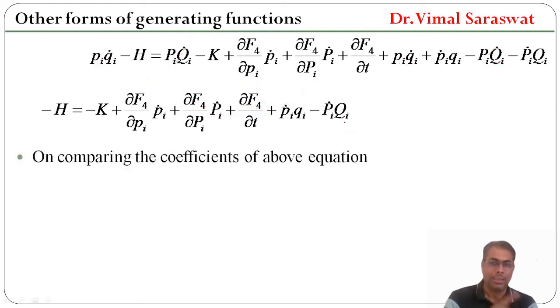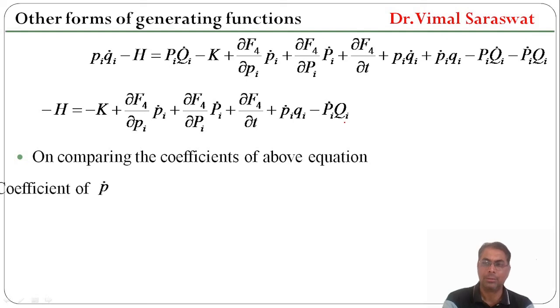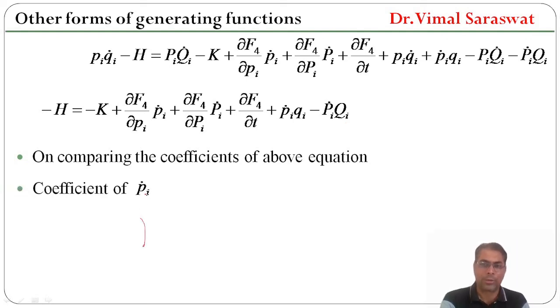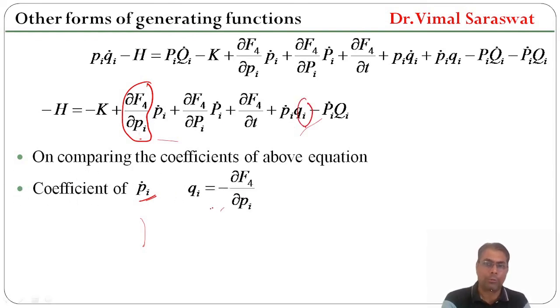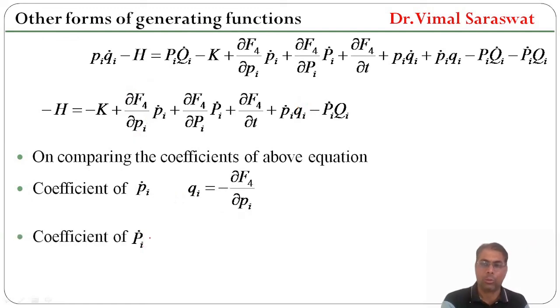On comparing the coefficients of the above equation, first of all, the coefficient of small Pi dot. Here the coefficient of small Pi dot is del F4 upon del Pi, and also here Qi. So Qi plus del F4 by del Pi equals 0, or Qi equals minus del F4 upon del Pi. Also the coefficient of capital Pi dot.